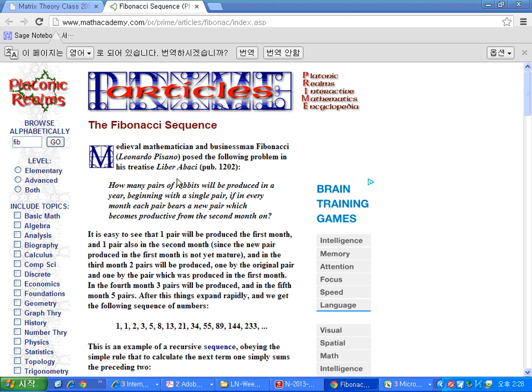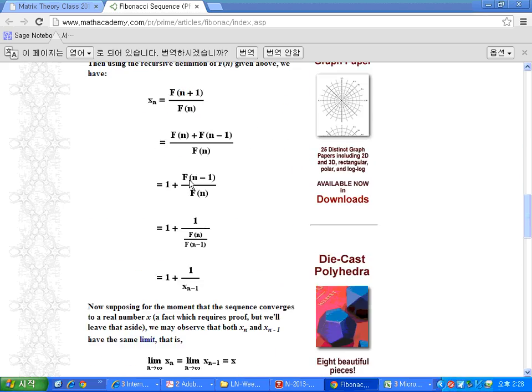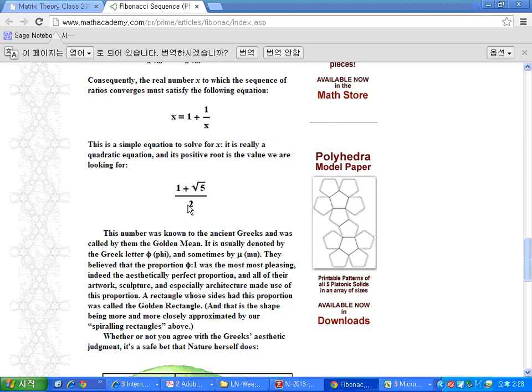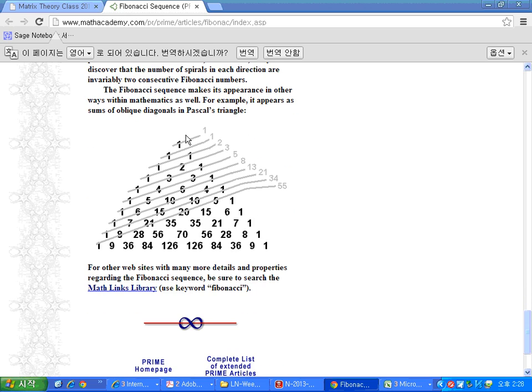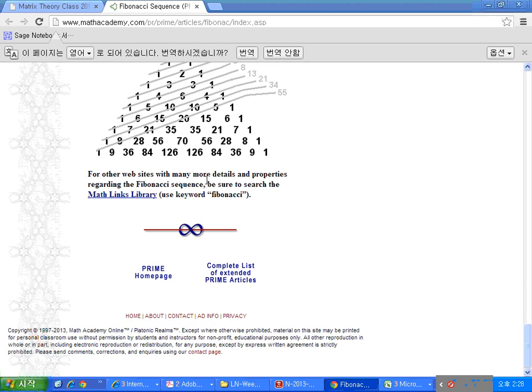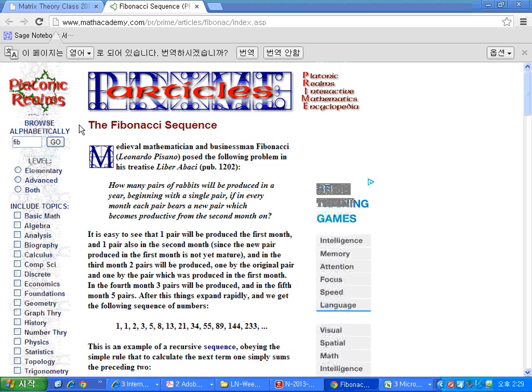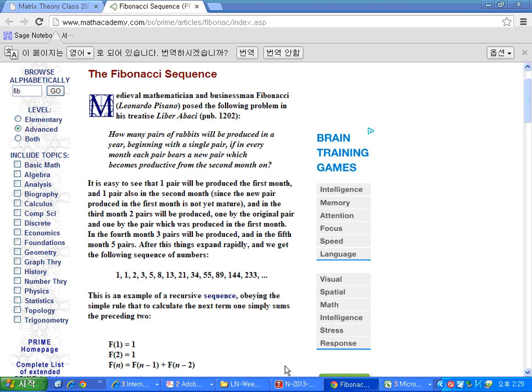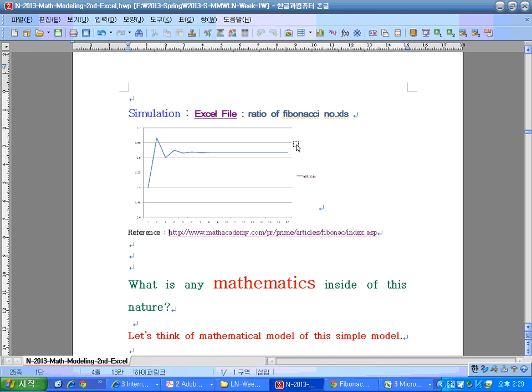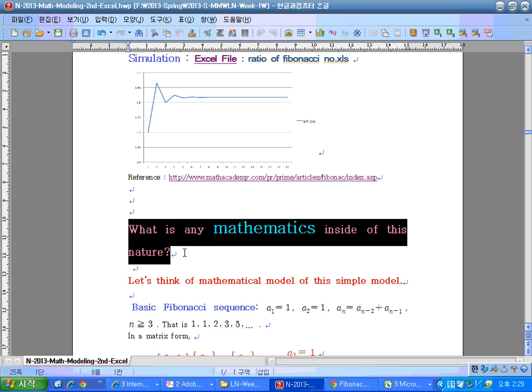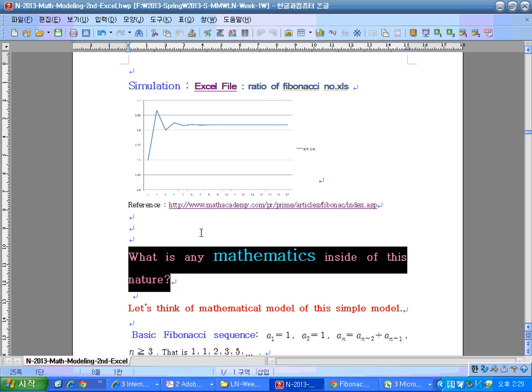If you go to this website, it gives information on these ratios and numbers, and what this means in nature, and many other things related to this sequence at the elementary level and advanced level. So you can find more information on this ratio. What is the mathematics inside this behavior in nature?